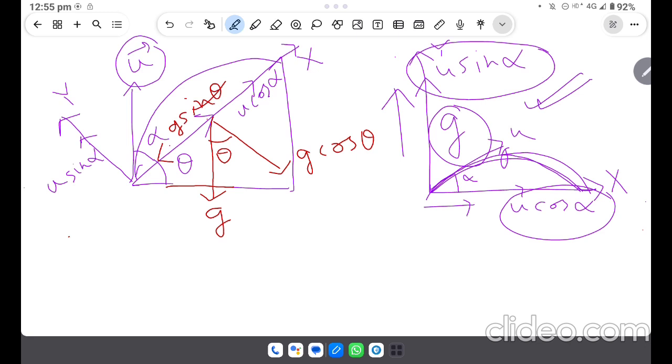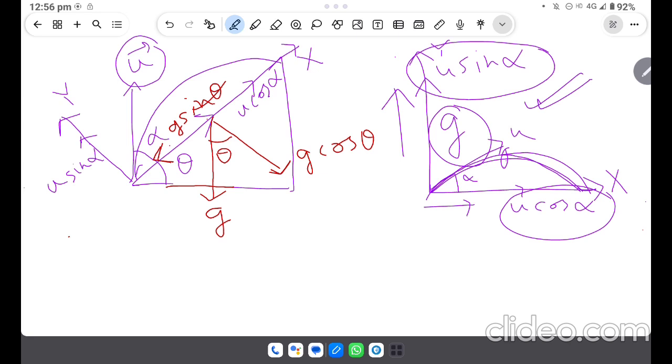So g sin theta will be along this direction, and g cos theta will be along this direction. G cos theta is the vertical component of the acceleration being applied on the projectile, and g sin theta is the horizontal component of the acceleration being applied on the projectile.